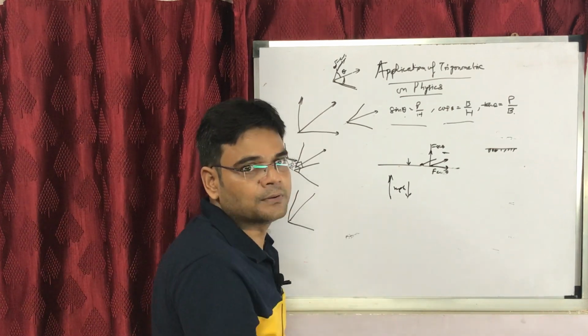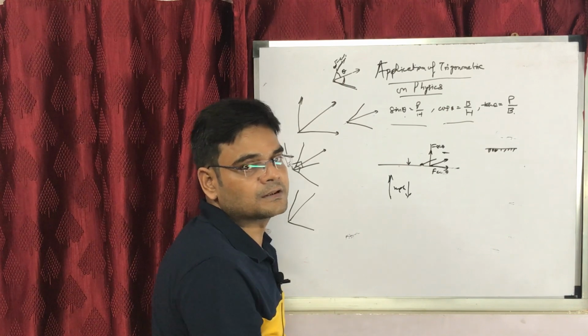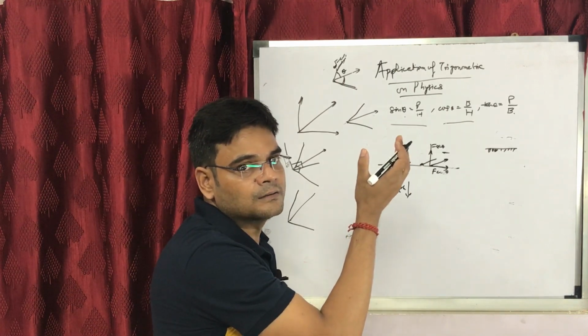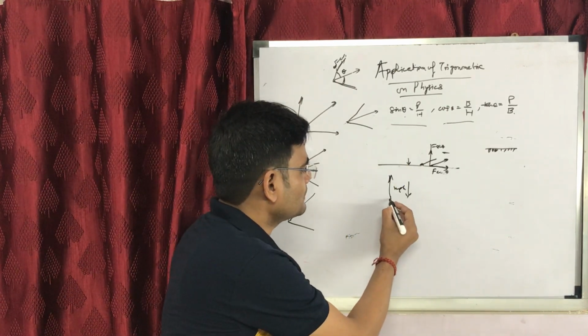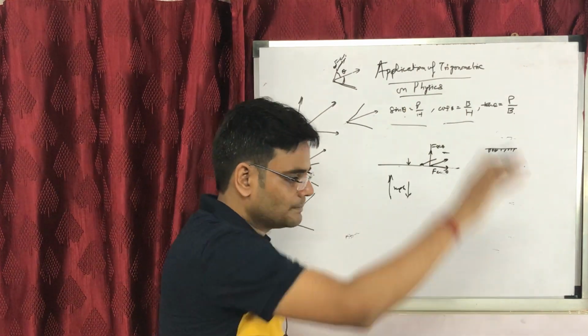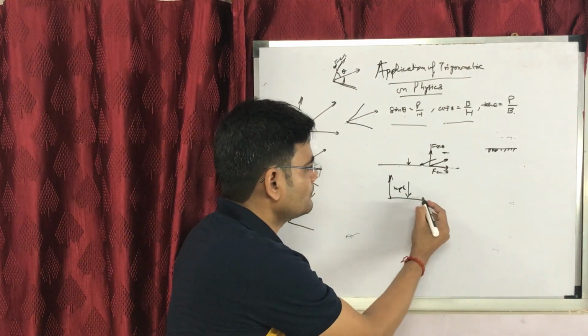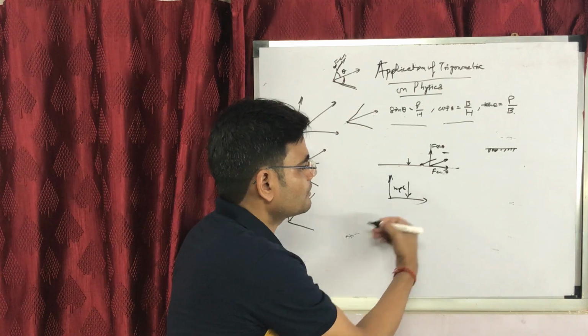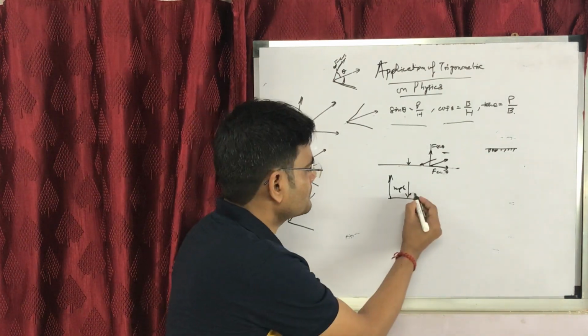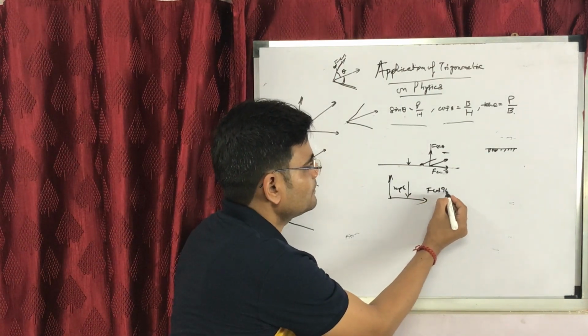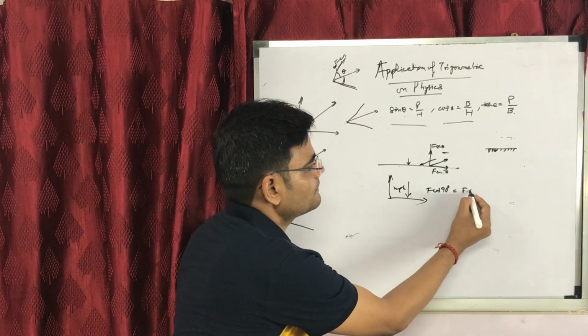But if you jump vertically, you won't move, you won't have any horizontal component. Why? Because F cos 90 is 0, F into 0 equals 0.